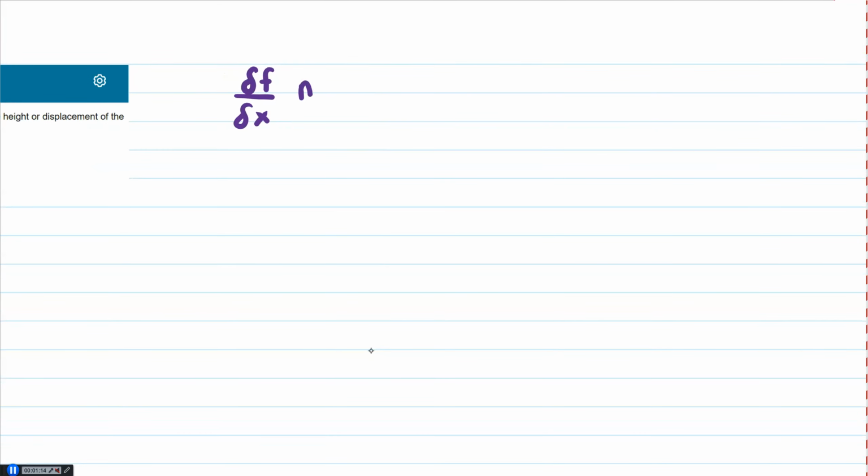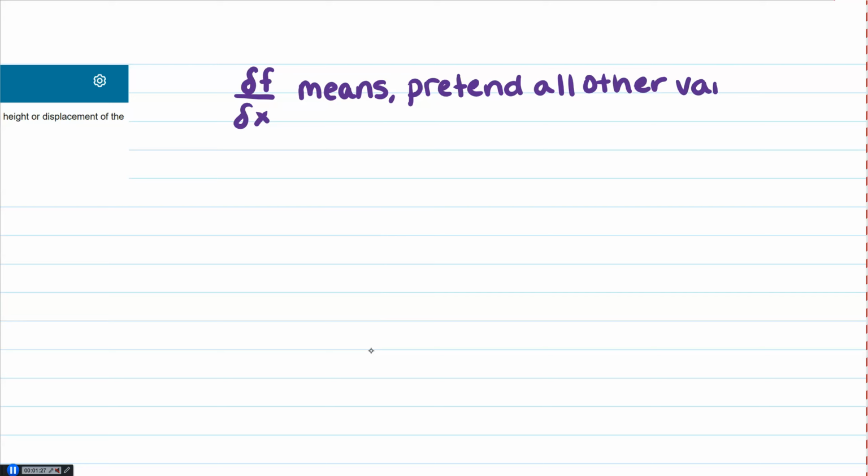So if we wanted the partial derivative of a function with respect to x, what this means is pretend all the other variables, all other variables besides x, which is told by the bottom there, are constant.